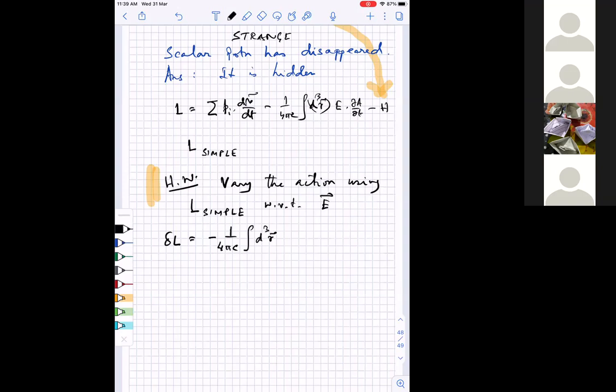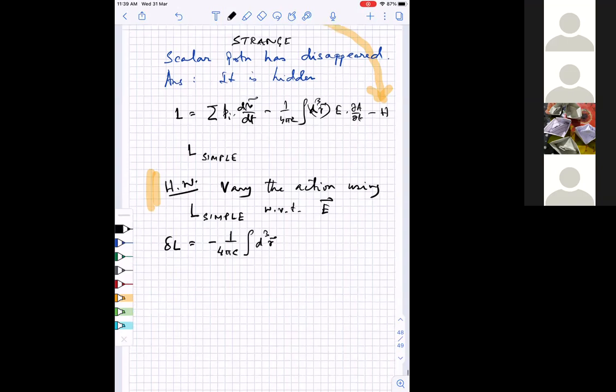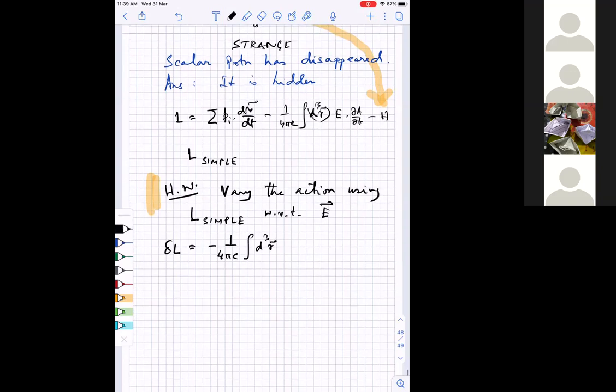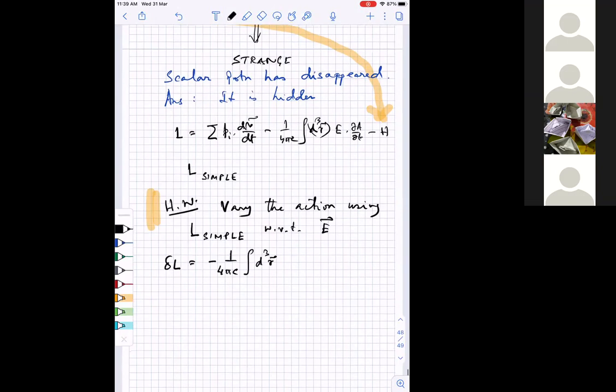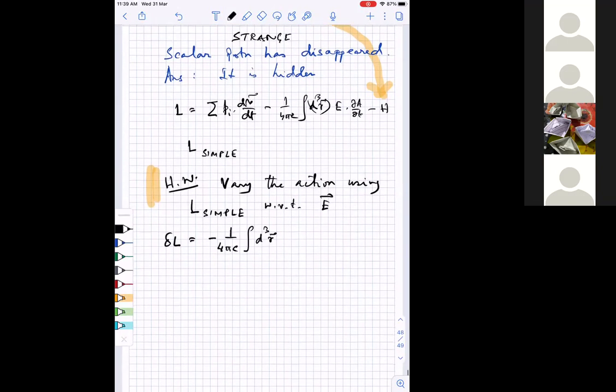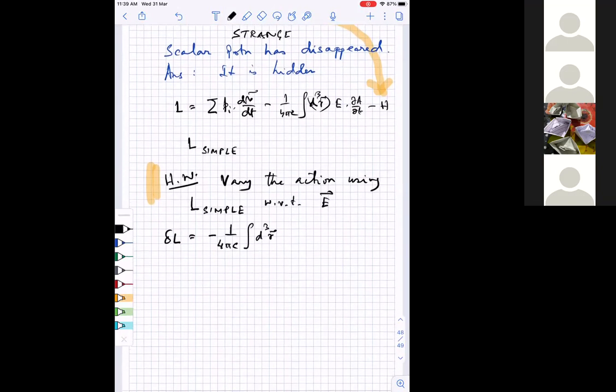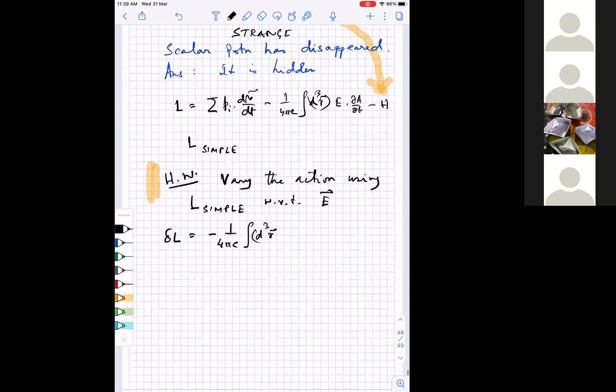Obviously the first part will go to 0, the last part will have some contributions, and this middle part will be there. And so this will give you delta E.